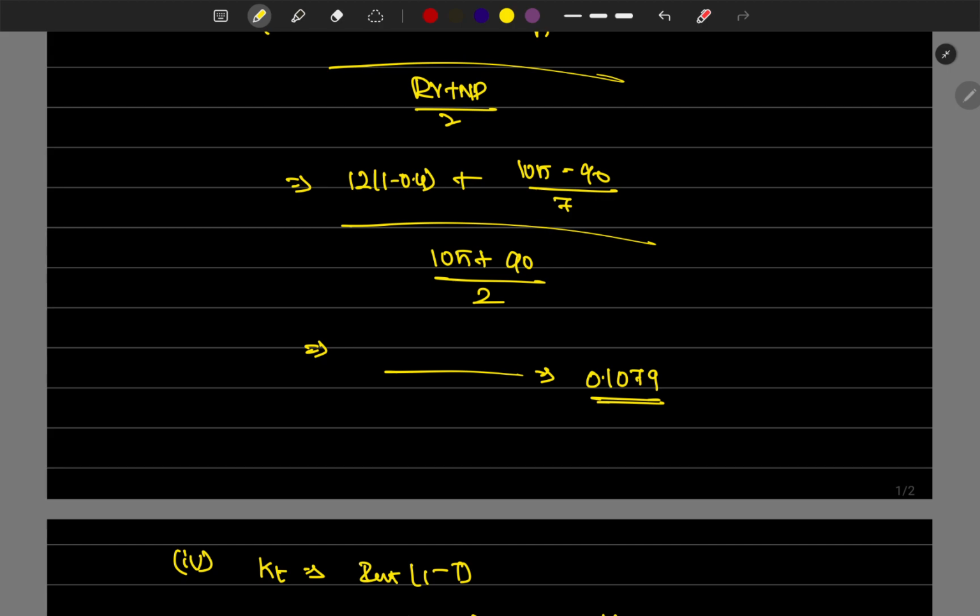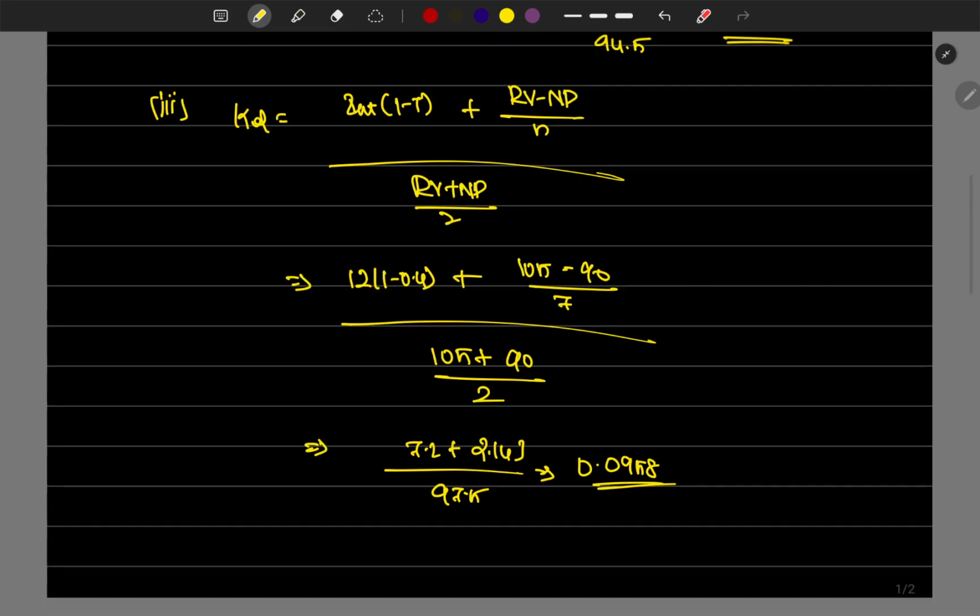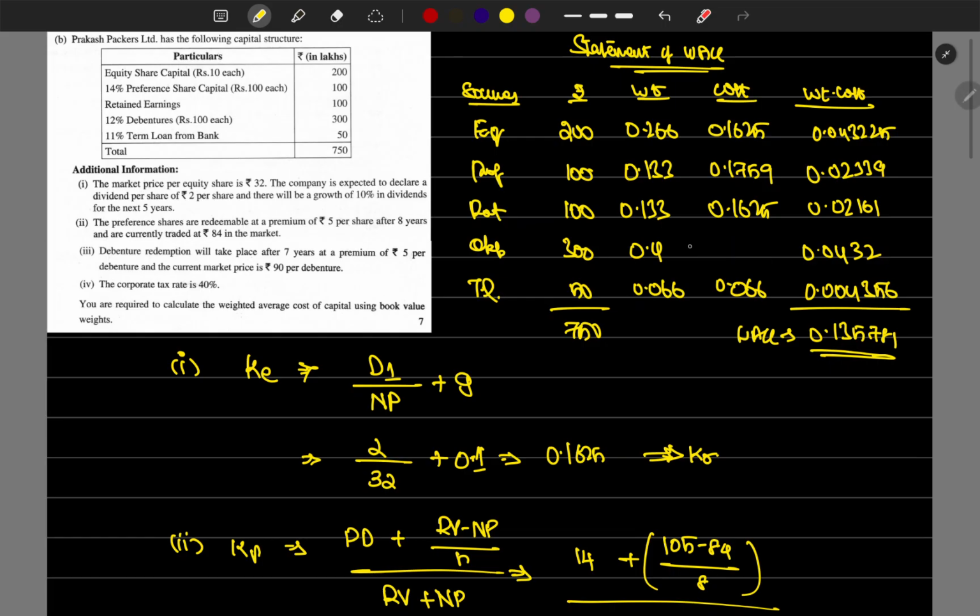Let's quickly redo this. 12 into 0.6 is 7.2, plus 105 minus 90 divided by 7, which is 2.143, divided by 105 plus 90 divided by 2, which is 97.5. So 7.2 plus 2.143 divided by 97.5 is 0.0958 is the answer.